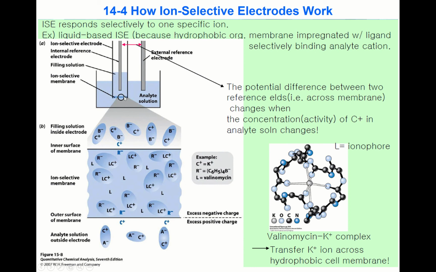So the essential part in ion selective electrodes is this ion selective membrane. This membrane plays an important role. As the name indicates, it will respond to a specific ion. For the purpose, this membrane should be impregnated with an ionophore, here the ionophore that binds a specific ion.